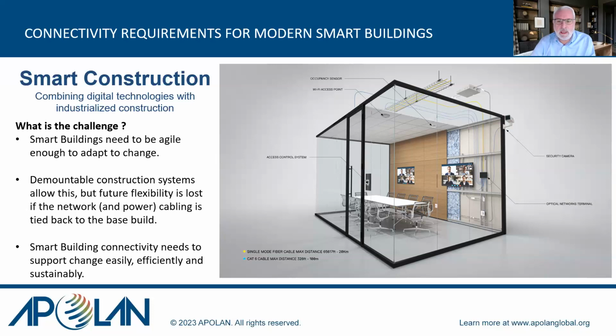So ultimately, when it comes to smart building connectivity, the change needs to happen easily, effectively, and sustainably. With my co-presenters today, you'll see some of the technologies that are now available that we put forward as LAN that really can support the interior space and provide the connectivity that buildings require. Next slide, please.